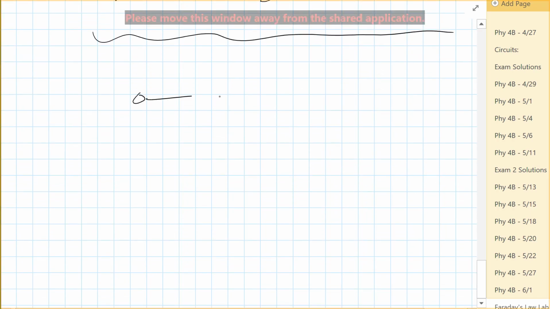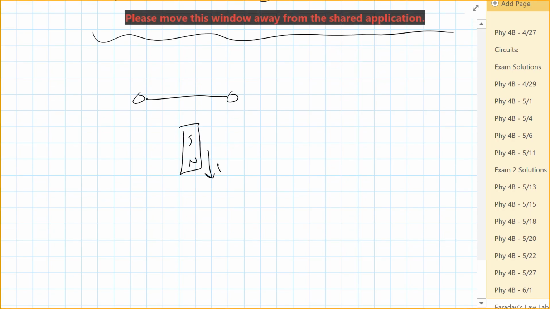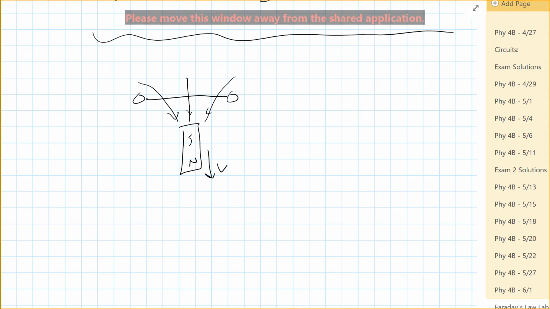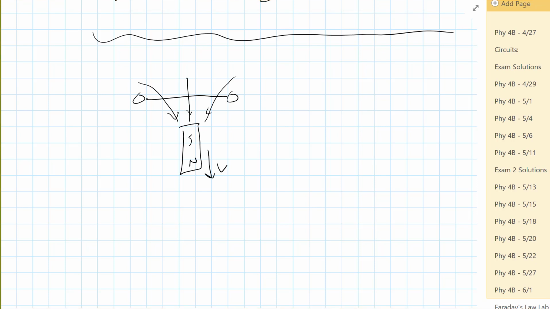So here's my loop of wire, and here's my magnet. The field is still pointing down due to that magnet, but now, instead of getting stronger as the magnet came closer to the loop, after it passes through, it's getting weaker and weaker and weaker.